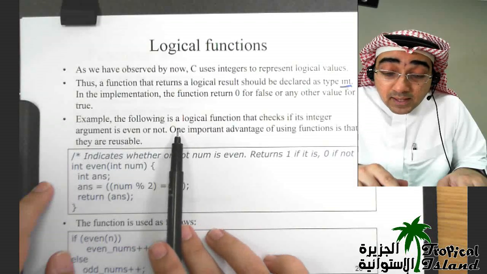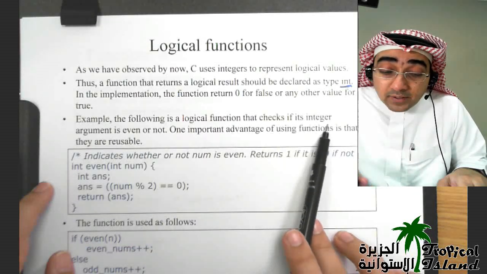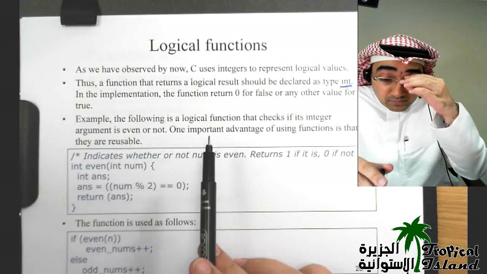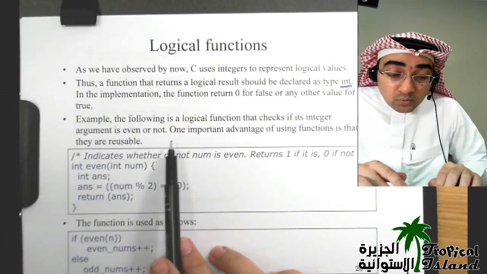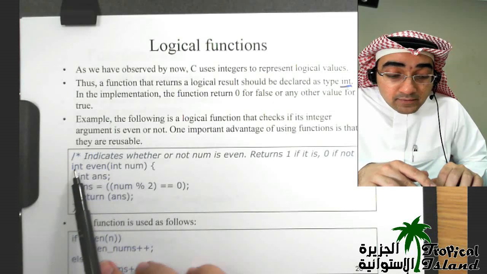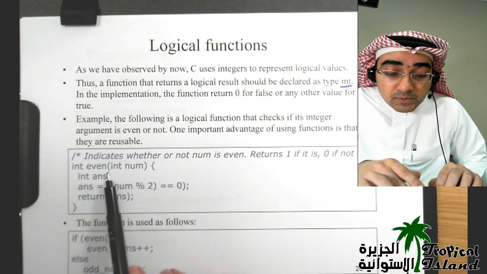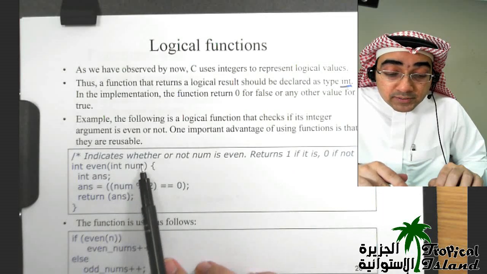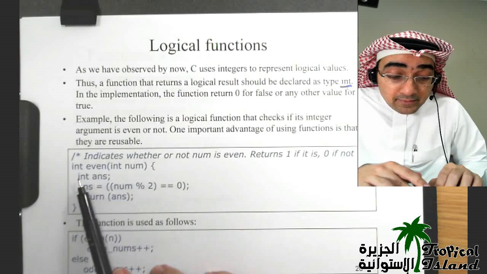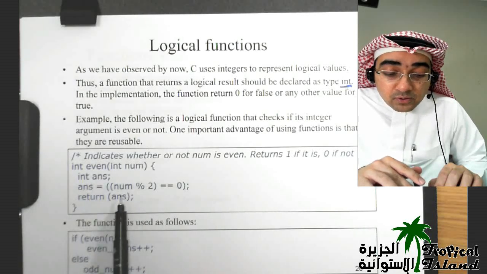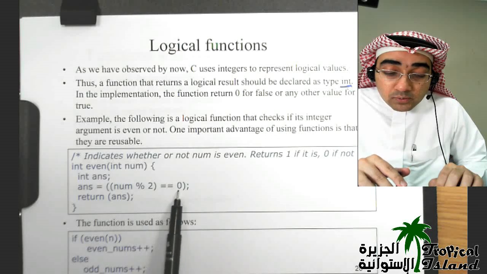Example: the following is a logical function that checks if its integer argument is even or odd. One implementation is int even(int num). So you have a function that returns an integer, the name is even, and it takes an input as an integer and stores it in a value called num. Inside you have a local variable called answer, and you say answer is equal to num modulus 2 equal to 0.